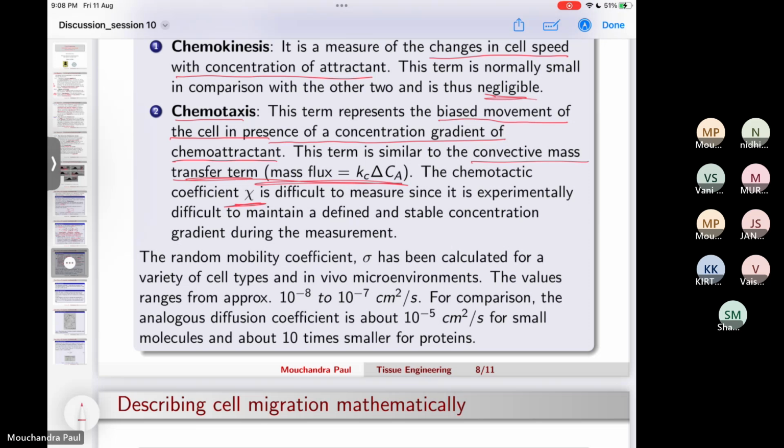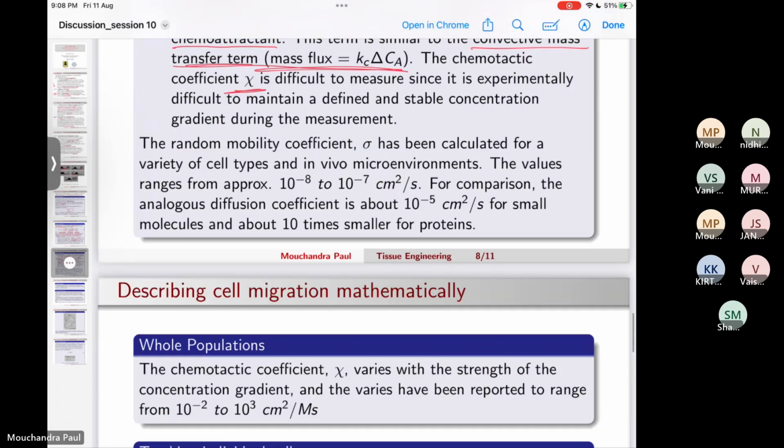Now some typical values of sigma and chi, in order to help you understand the order of magnitude of the cell flux that is happening. The sigma value, or the random motility coefficient, people have measured in various kinds of cell types and in vivo microenvironments as well.